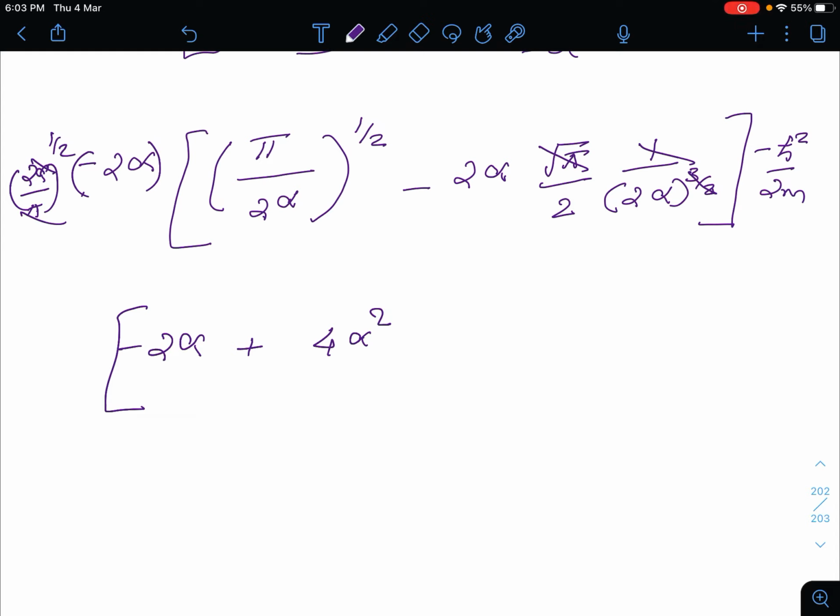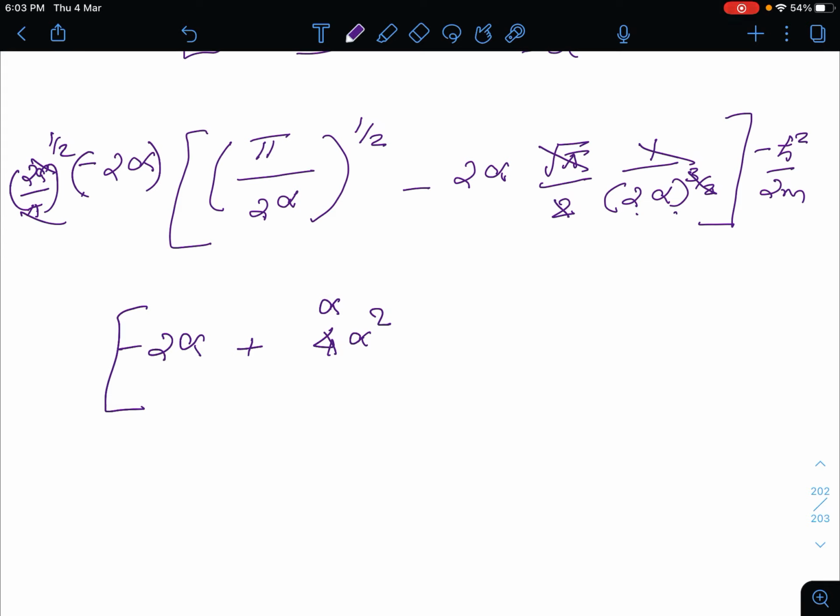So what you get is 4 alpha square. 4 alpha square, you have a 2 here, so that becomes 2 alpha square, right? 4 alpha square, 2 alpha. So you get another alpha.